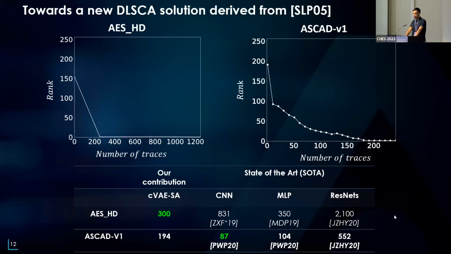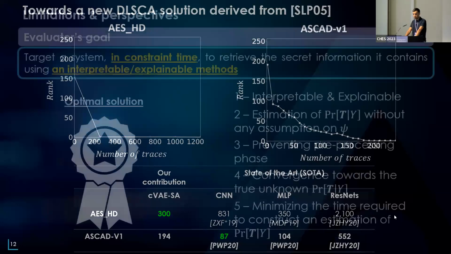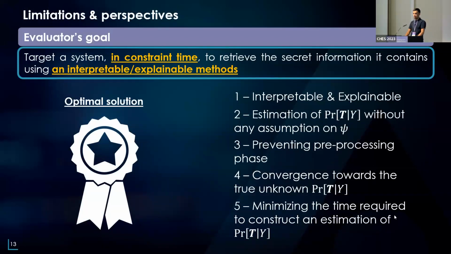So in other words, if we want to target a masking implementation from an attack performance perspective only, considering a CNN or MLP seems a more appropriate solution, but we will use some black box models. So to conclude about this work, through our contribution, we were able to identify a neural network so that we can interpret and explain the operations induced in the neural network itself, as well as explain the exact leakage model extracted by the neural network.